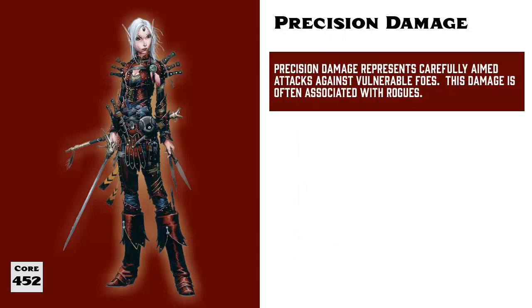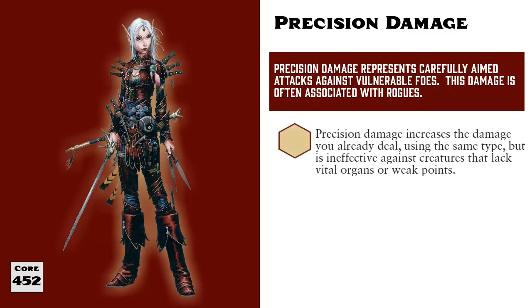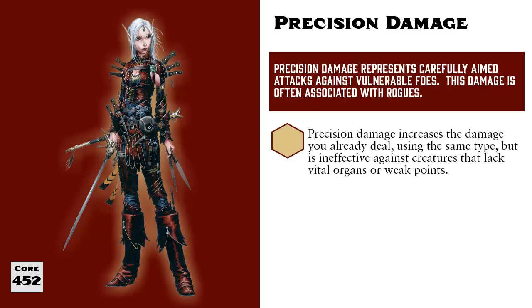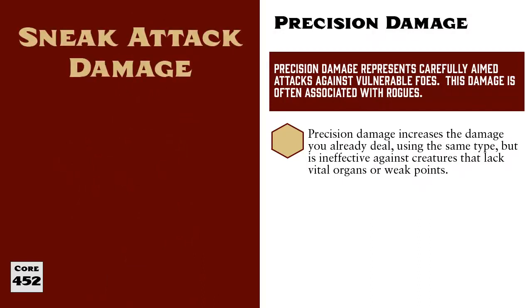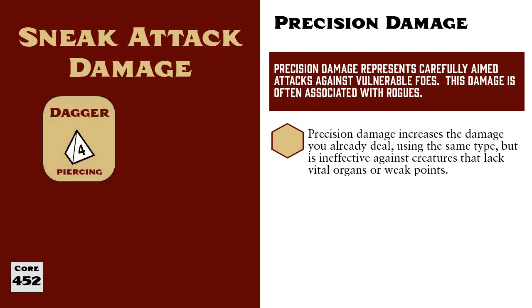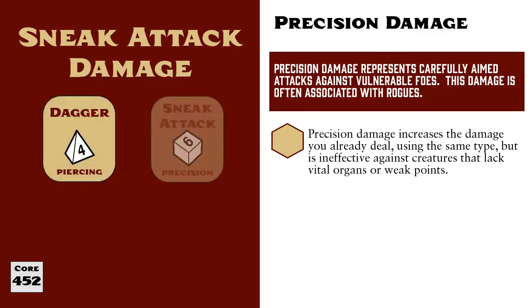Another damage type worth discussing is precision damage. Precision damage is additional damage offered by some special abilities and effects that increase the damage of a regular attack. The key to remember here is that with precision damage, it increases the base damage type. For example, the rogue sneak attack deals precision damage. If a first level rogue performs a sneak attack with a dagger, it will deal 1d4 piercing damage for the dagger and 1d6 precision damage for the sneak attack.